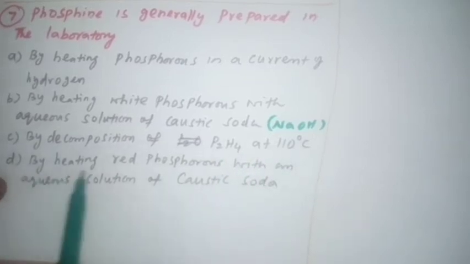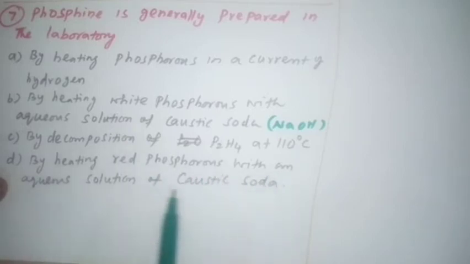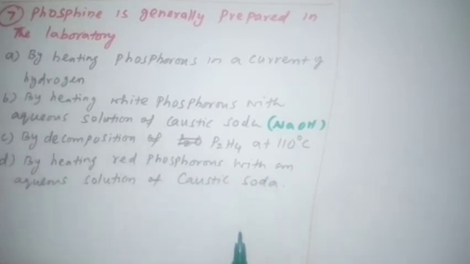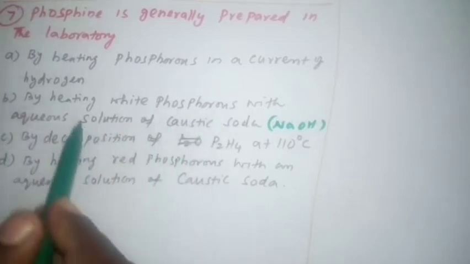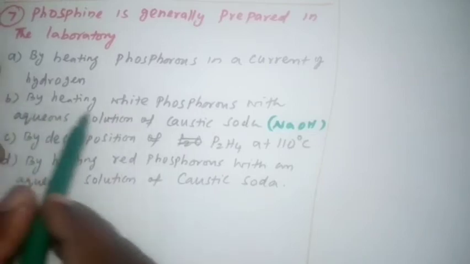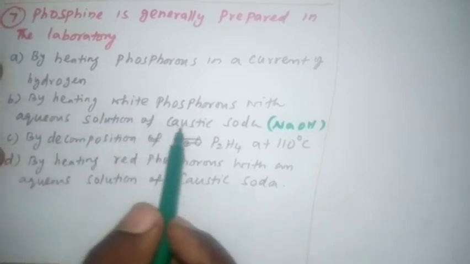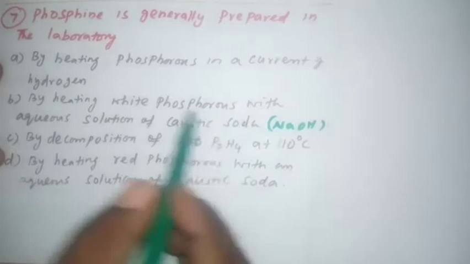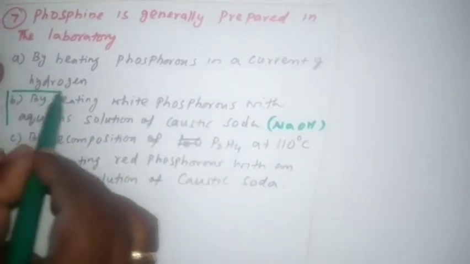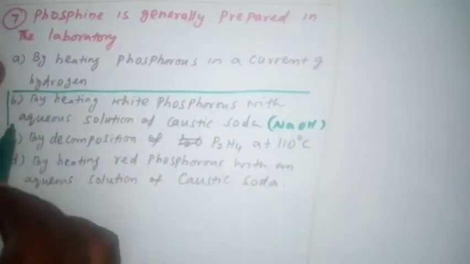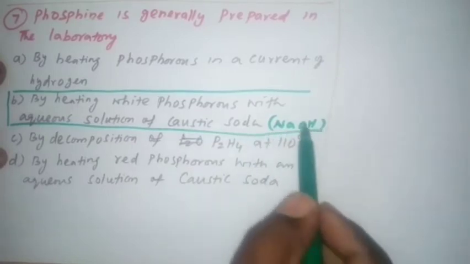Option D, by heating red phosphorus with an aqueous solution of caustic soda. So already we studied the preparation of phosphine. Phosphine is prepared according to the option white phosphorus. When it reacts with aqueous solution of caustic soda, we will get phosphine. So option B is the right answer.